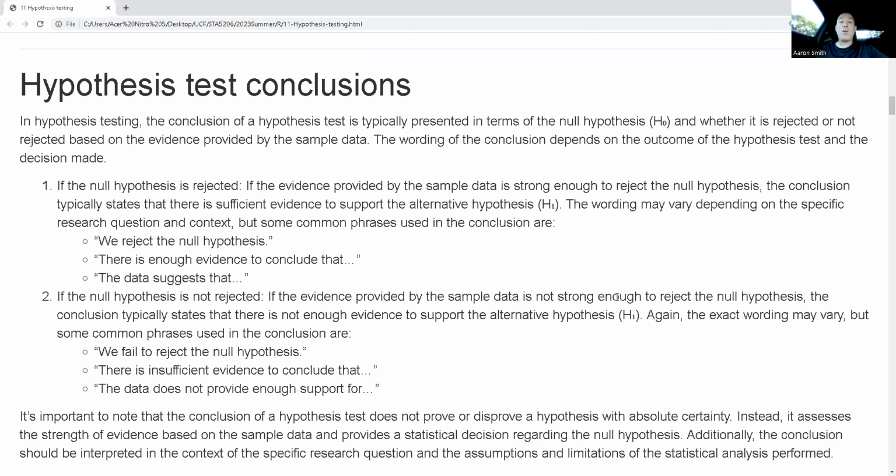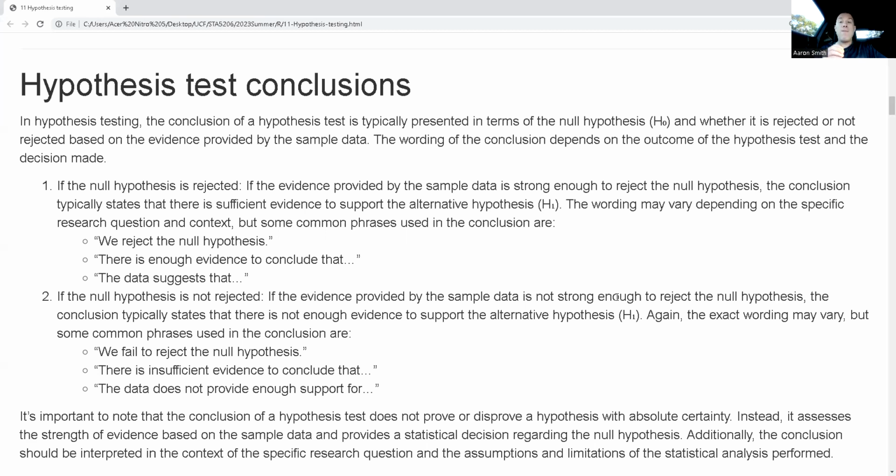The wording of the conclusion depends on the outcome of the hypothesis test and the decision made, of course. If the null hypothesis is rejected, if the evidence provided by the sample data is strong enough to reject the null hypothesis, the conclusion typically states that there is sufficient evidence to support the alternative hypothesis.